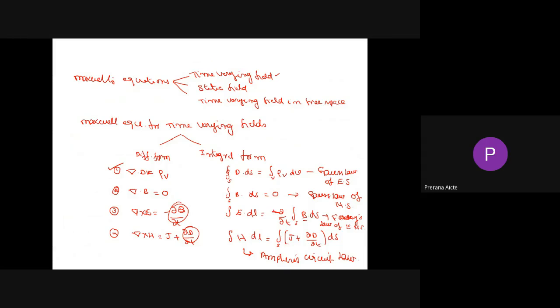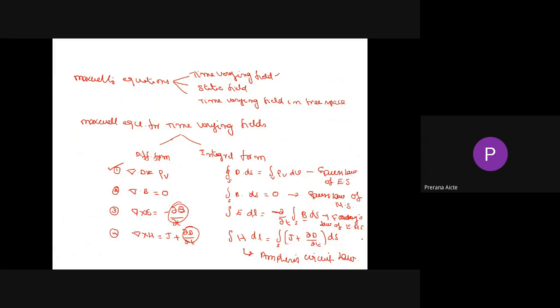The electromotive force, once again I repeat, the total EMF around the closed path is equal to the negative of the surface integral of the rate of change of magnetic flux density B over the surface bounded by the closed path.